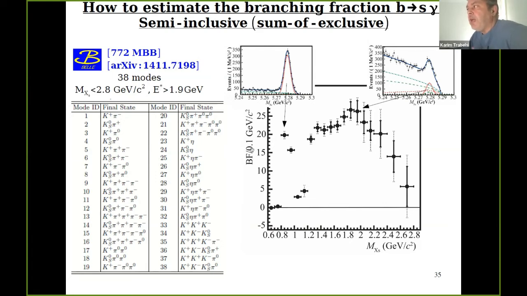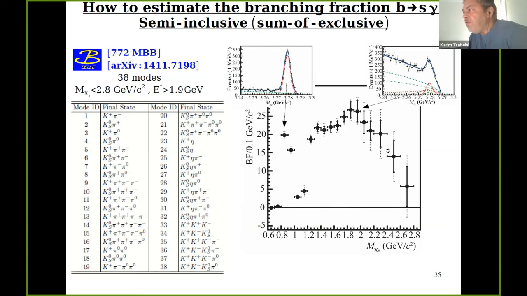However, there are many limitations on the experimental side. If the first mode we have seen looks like a very clean and undeniable signal with very little crossfeed from the other modes, once you arrive at some final states with a couple of pi 0 or too many particles in the final state, you end up with a lot of crossfeed.